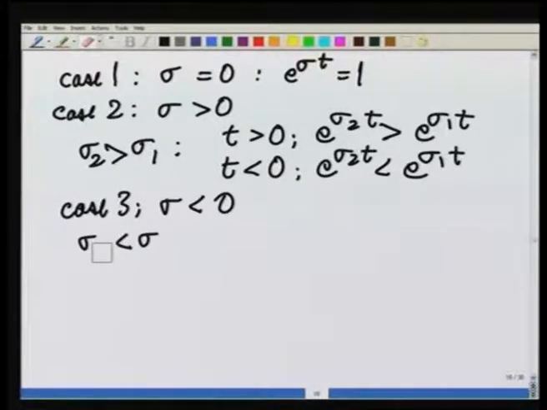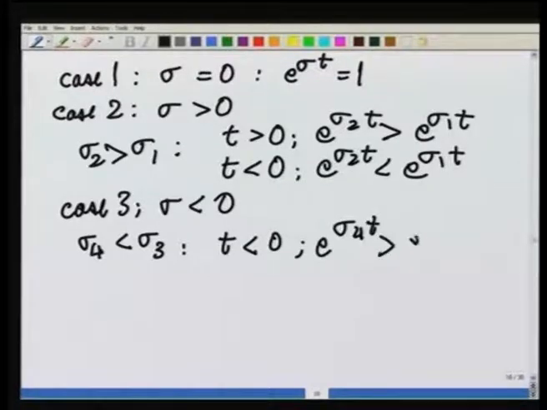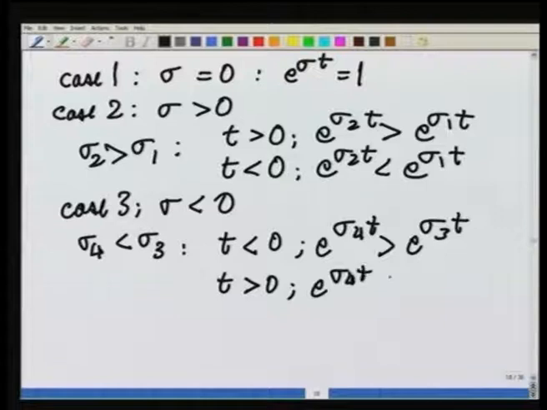Sigma 4 and sigma 3. So, sigma 4 was less than sigma 3, and when sigma 4 is less than sigma 3, we find that for t less than 0, e to the sigma 4 t is greater than e to the sigma 3 t, and for t greater than 0, e to the sigma 4 t is less than e to the sigma 3 t.